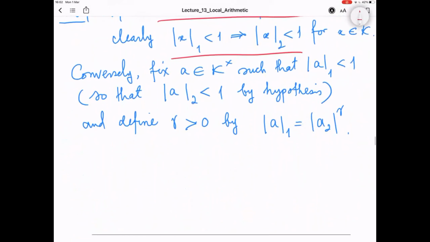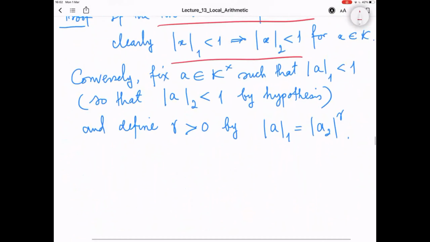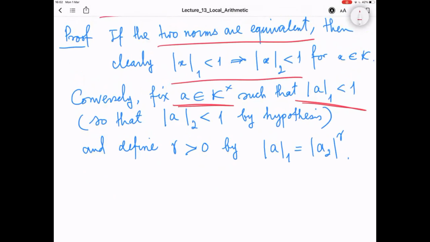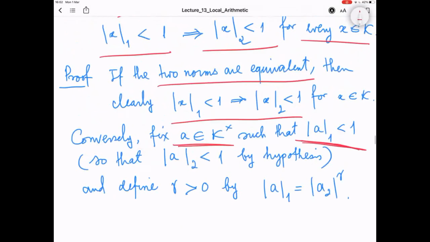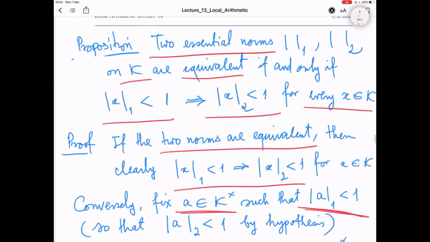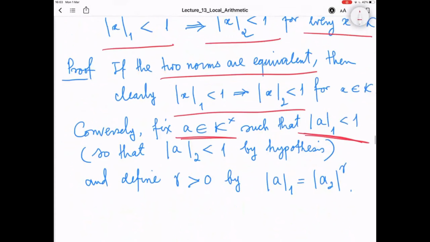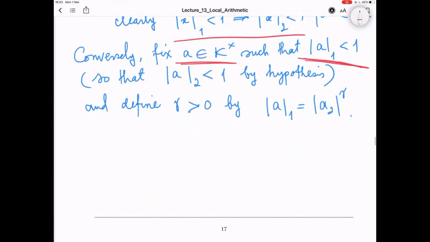Now, conversely, let's fix an A in the field whose first norm, norm 1, is strictly less than 1. I can do that because these are essential norms. None of them is trivial. Of course, we have excluded the trivial norms.